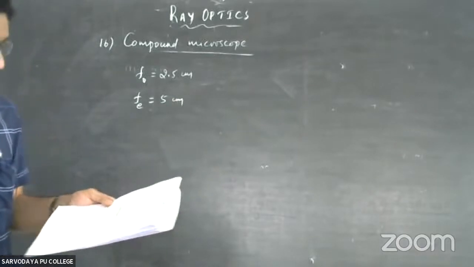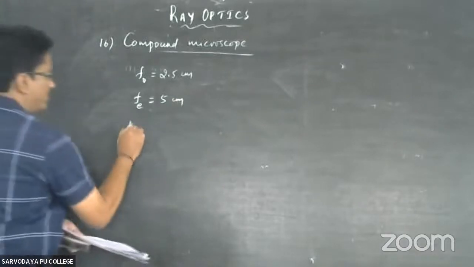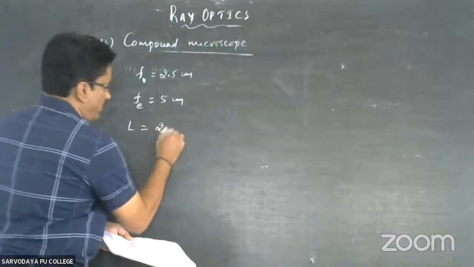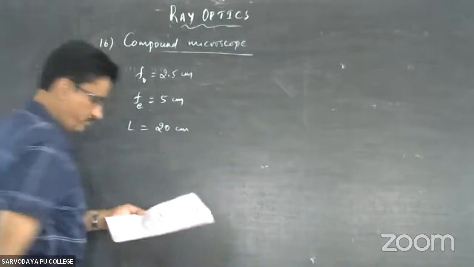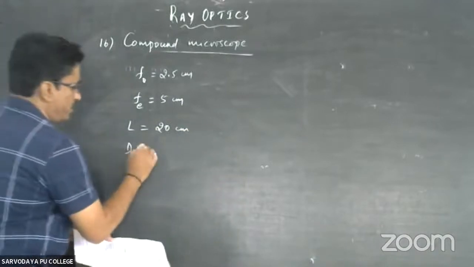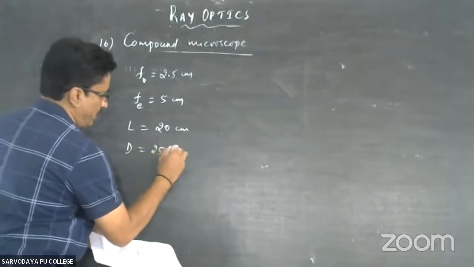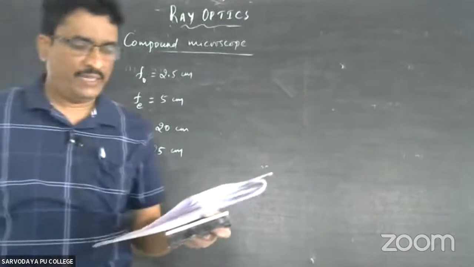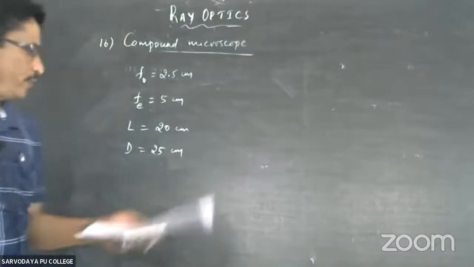Tube length has been given, and it is L, and this has been given as 20 centimeters. And the least distance of distinct vision is 25 centimeters. Find the magnifying power of the compound microscope.